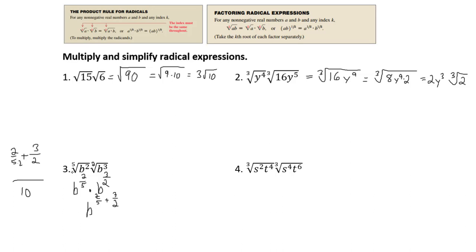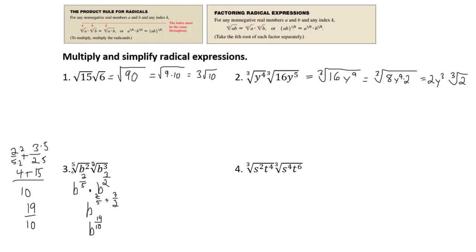So times 2 gives us 4. Times 5 gives us 15. And so 4 plus 15 gives us 19 over 10. And so this would become b to the 19 over 10.